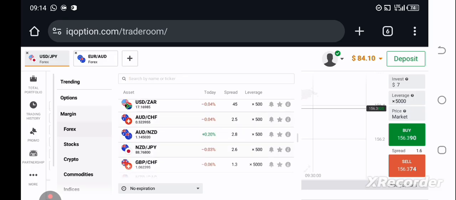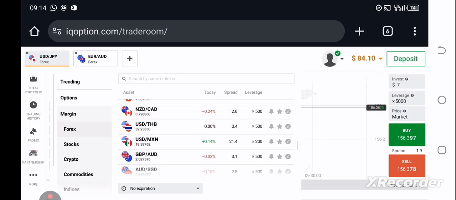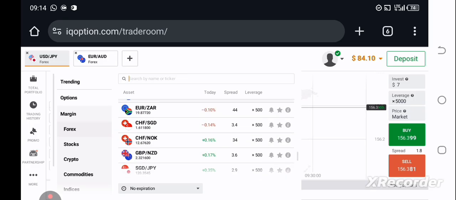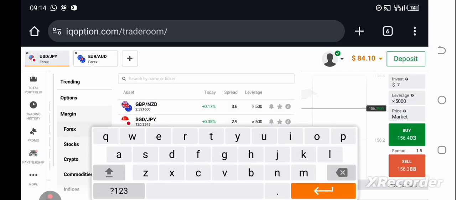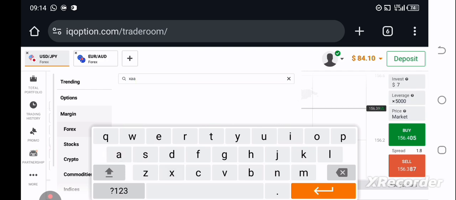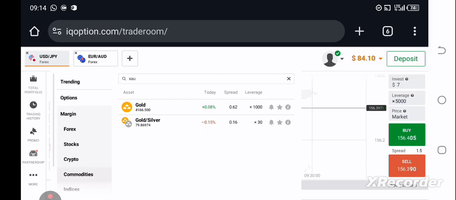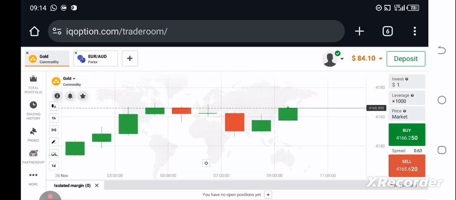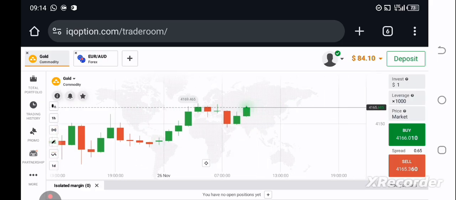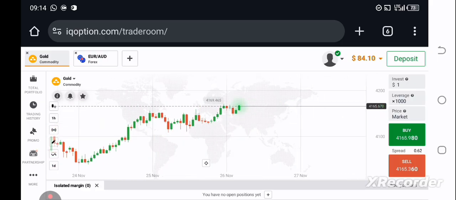Let's see. Let's look at gold. Okay, this is the 1 hour time frame on gold.